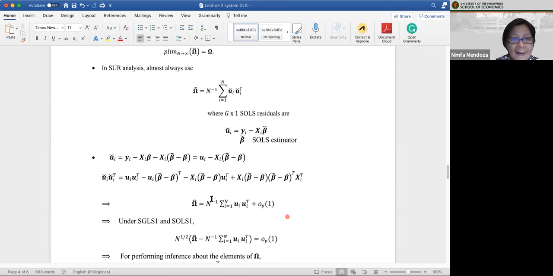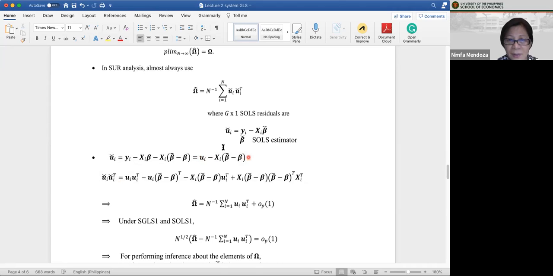If you get U sub I check times U sub I check transpose, this is G by 1 and U sub I check transpose is 1 by G, so you get a G by G matrix.